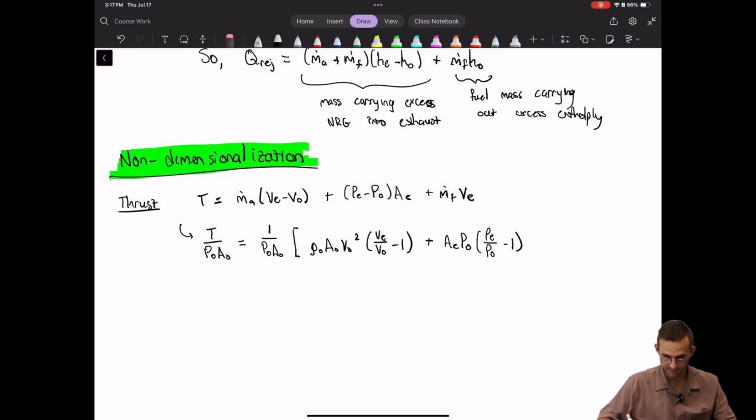Then we'll have this factor F, which I'll define in just a second: rho naught A naught V naught squared times VE over V naught. Now, F is what we're going to call the fuel ratio, and it's just equal to m dot F over m dot A. Often we'll be assuming that F is very small.